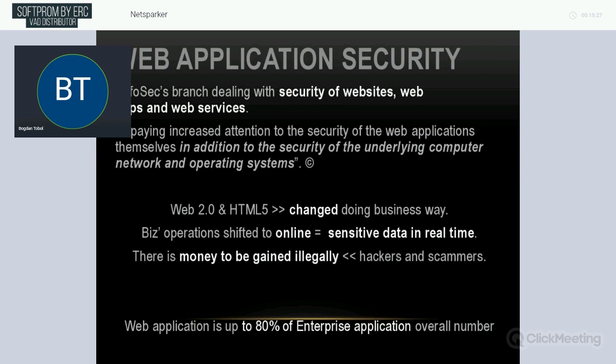Today, the number of web applications among enterprise applications has reached and may even exceed 80% of all kinds of enterprise applications.